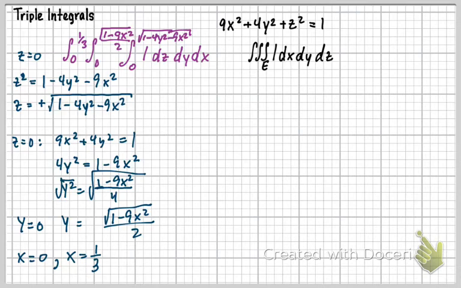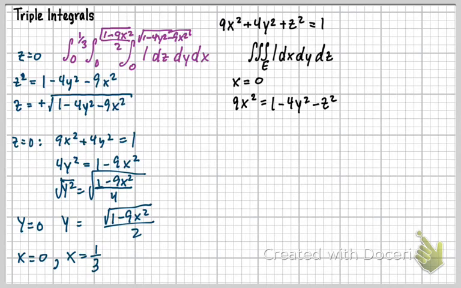So if I'm going to do dx first, I'm going to take this equation and solve it for x instead of z like we did in the beginning. My lower bound is still going to be 0 because we're in the first octant. To solve for x, I'm going to move the y over and the z over, so that's y squared minus z squared.